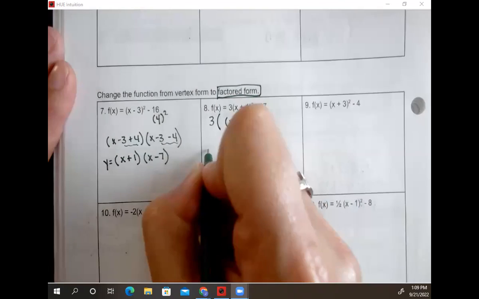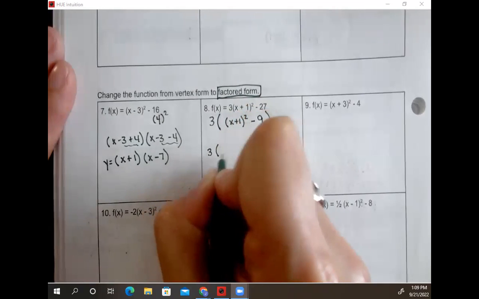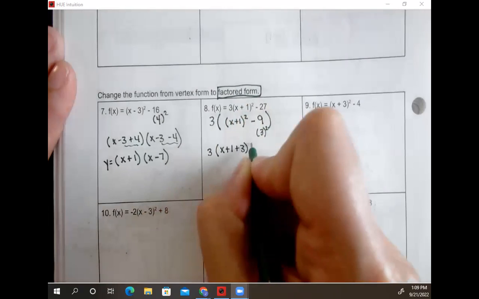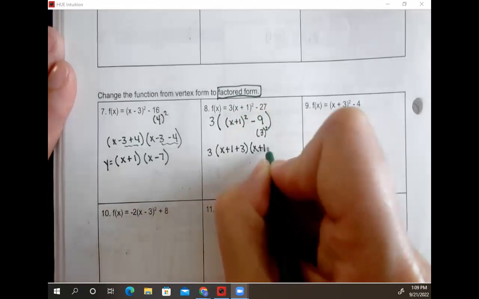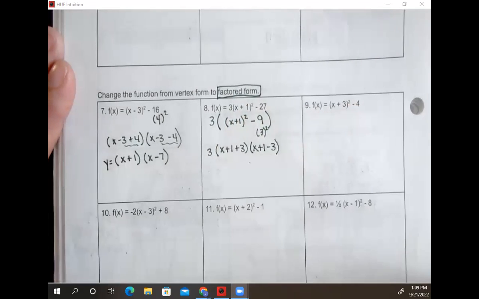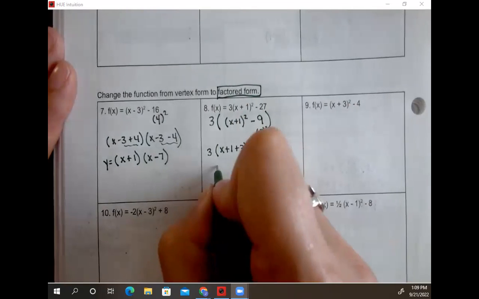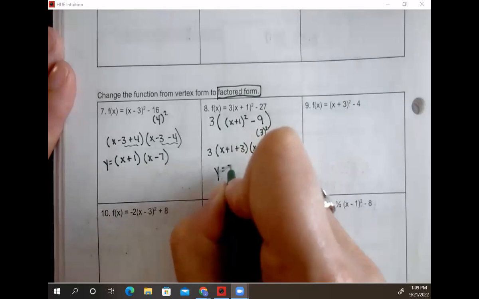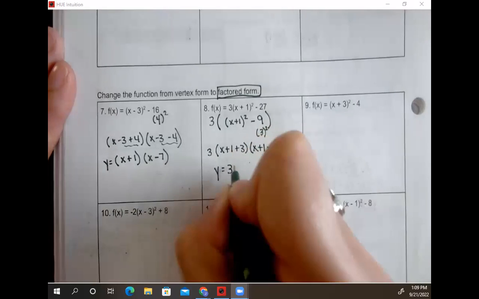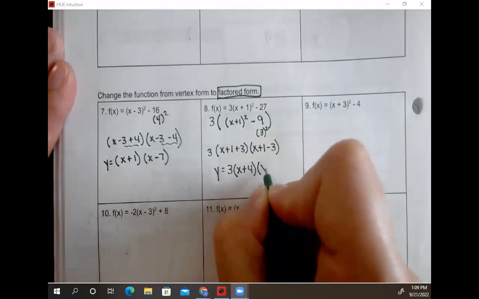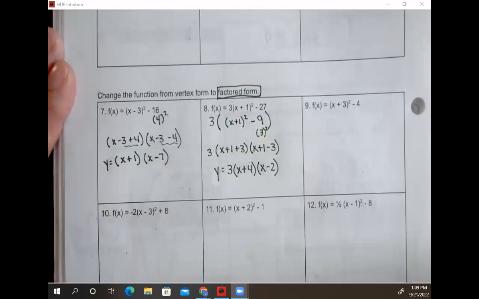So this would be, don't forget your GCF in front, 3 times x plus 1 plus 3 times x plus 1 minus 3. And then don't forget to tidy up your factors. Combine those like terms in there. So our final factored form would be y equals 3 from our GCF, and then x plus 4, x minus 2.